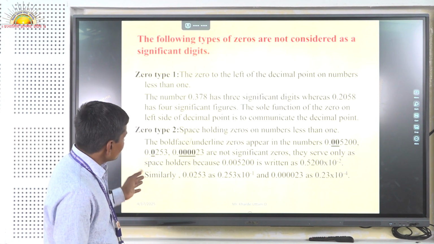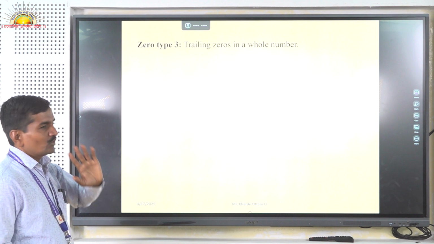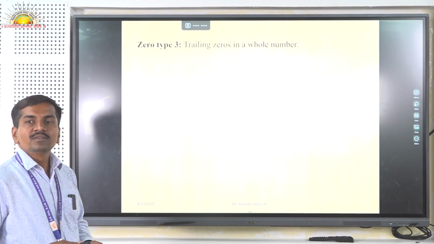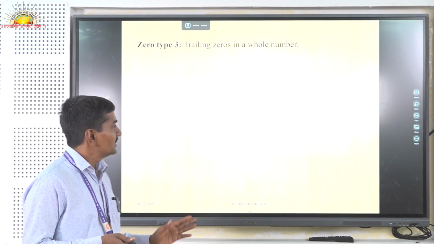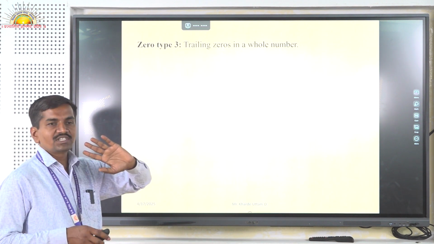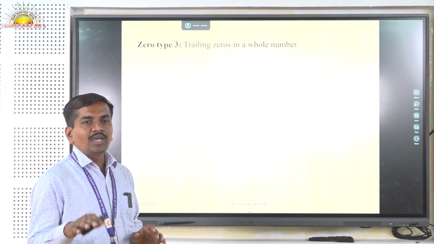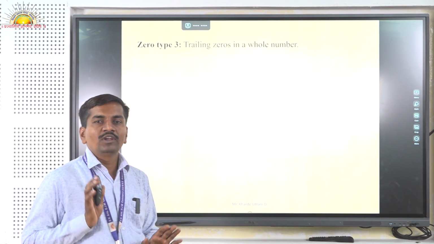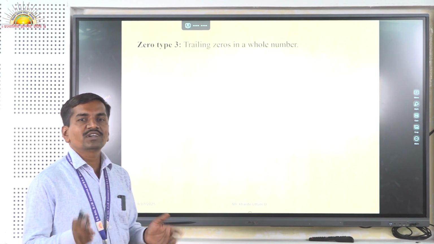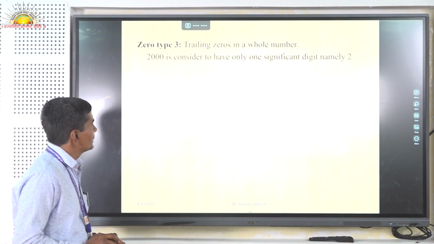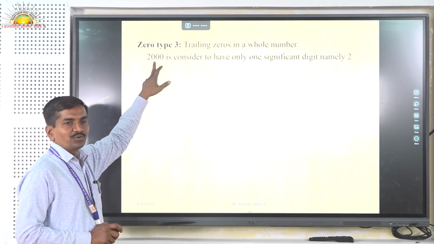Another type of zero which we will not consider a significant digit is trailing zeros in a whole number. That means any zero at the end of a whole number is not considered a significant digit. For example, 2000.